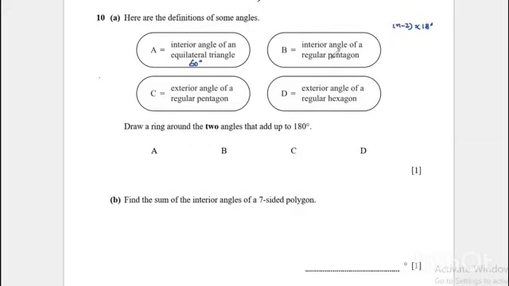For a pentagon, with 5 sides, 5 minus 2 multiplied by 180. 5 minus 2 is 3, multiplied by 180, which is equal to 540. And we are looking at each interior angle, so 540 divided by 5 is equal to 108. So here we have 108.